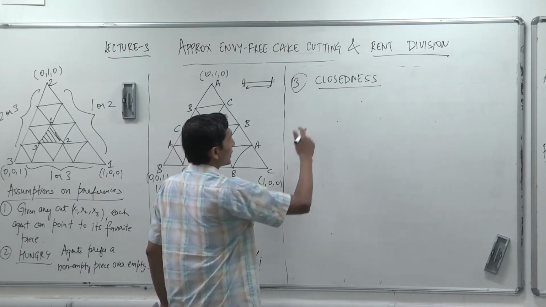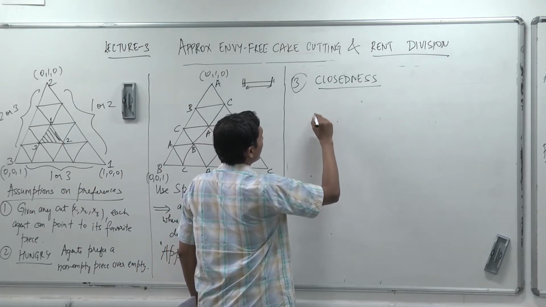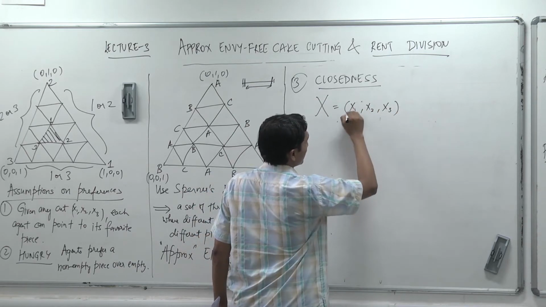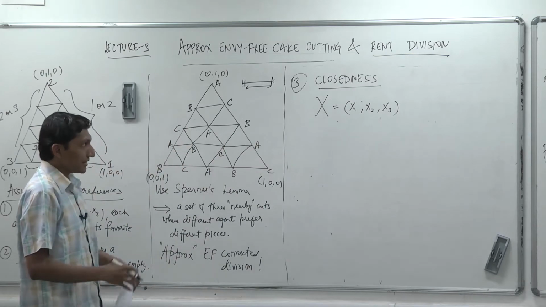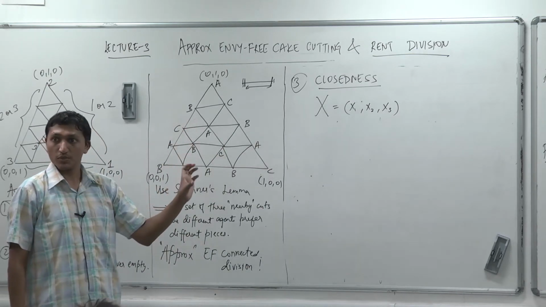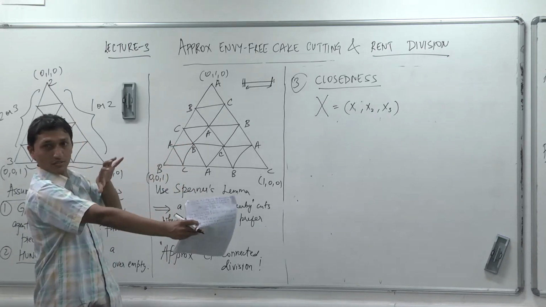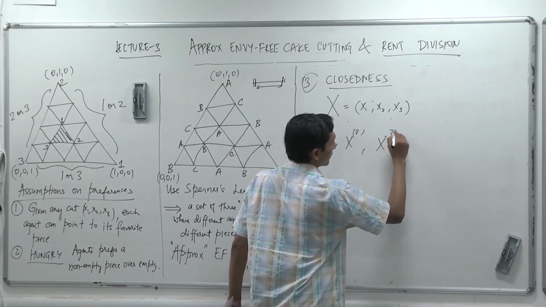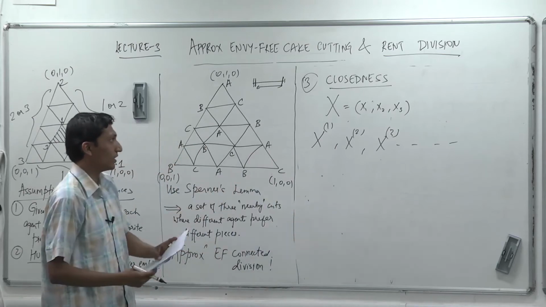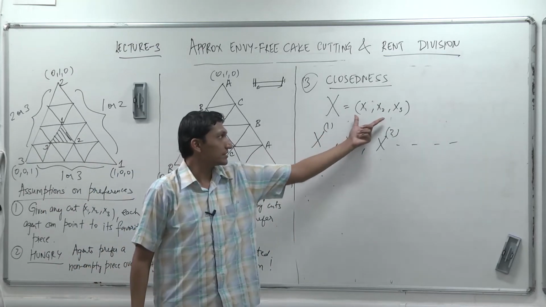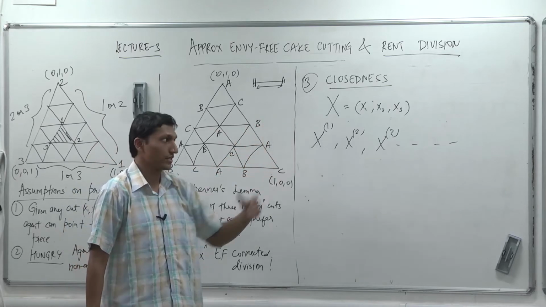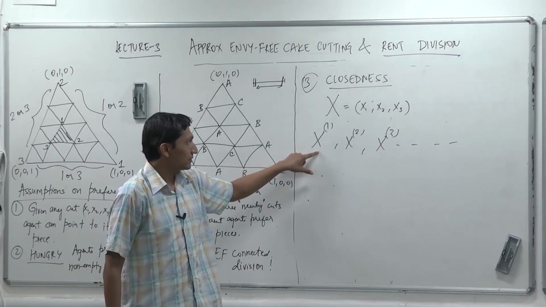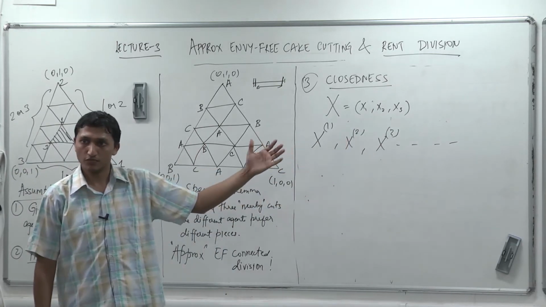Let me call it some capital X equals x1, x2, x3 to denote this tuple. And think of a convergent sequence, a bounded sequence, a sequence of cuts. Some x1, x2, x3, and going on and on. Each Xi here is a point, has its own x1, x2, x3s, and this is just an infinite sequence of cuts.